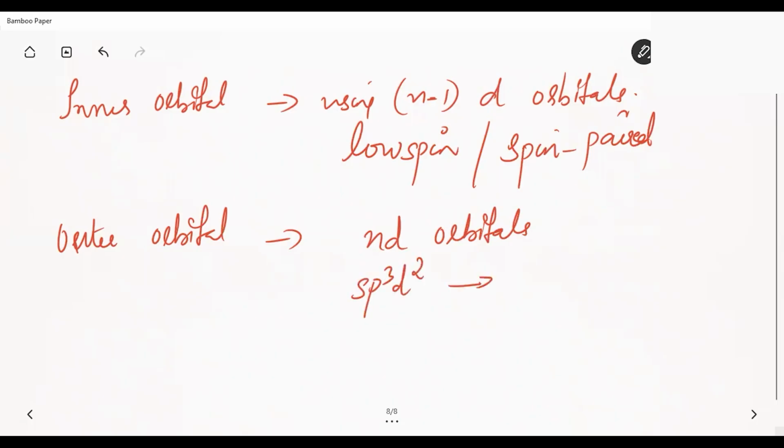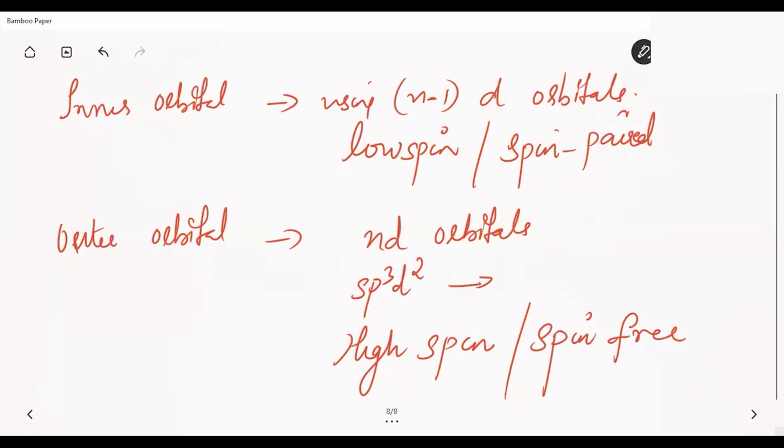And here there will be a lot of unpaired electrons, and it is a high spin complex. It is also called spin free. In the inner orbital case, spin pairing takes place because of the strong ligand; here spin is free, so it is called a spin free complex.